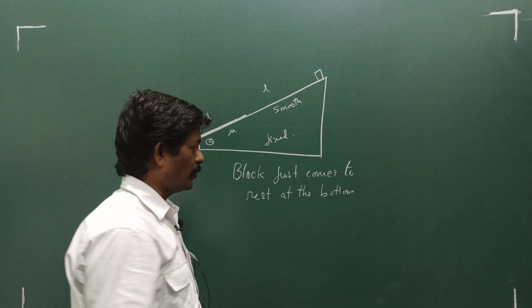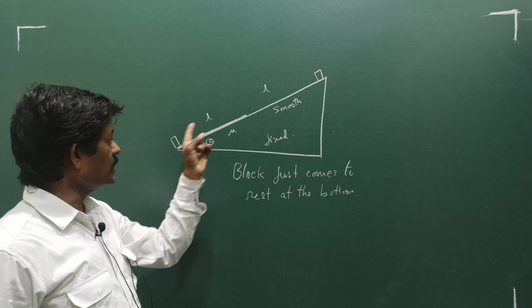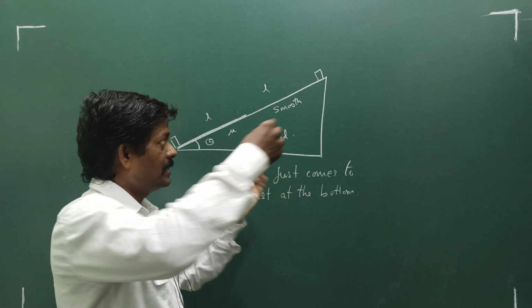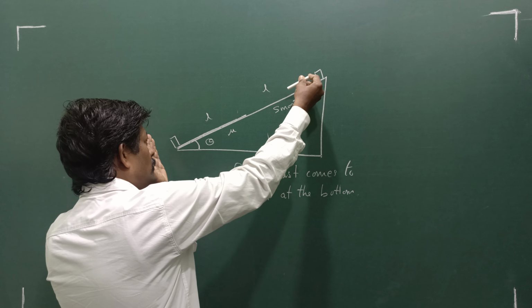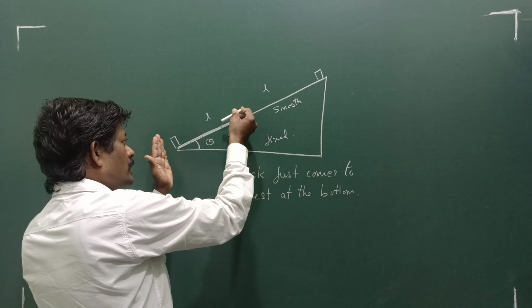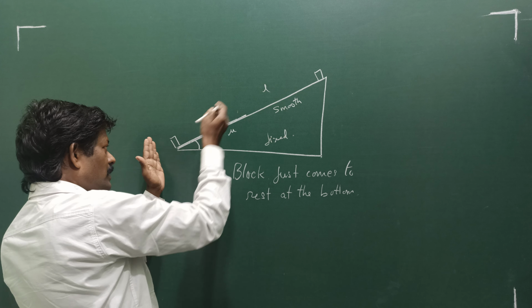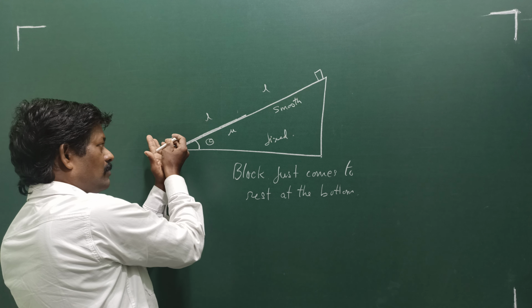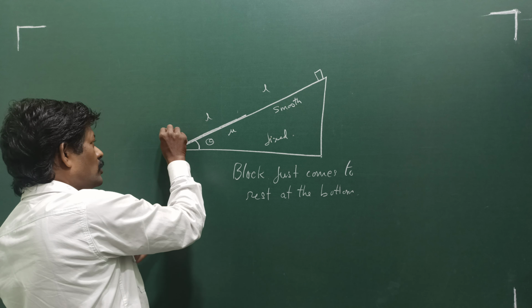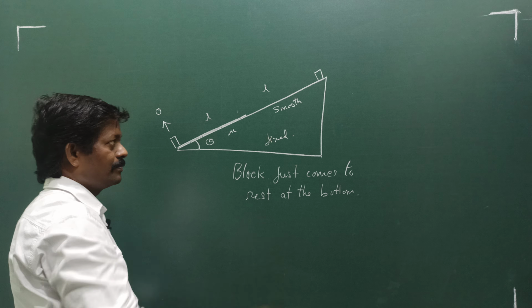This is a very important point to be noted. The block just comes to rest. That means it is coming down, speeding up here, slowing down, and it has come to rest on its own. It's not hitting the surface down. So automatically the velocity here has become 0.